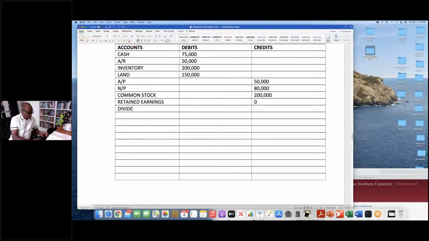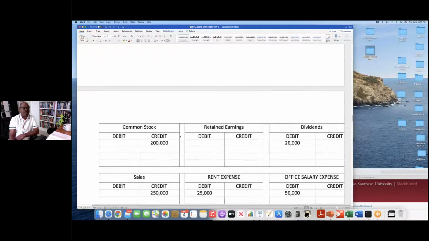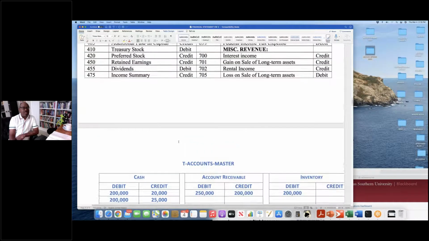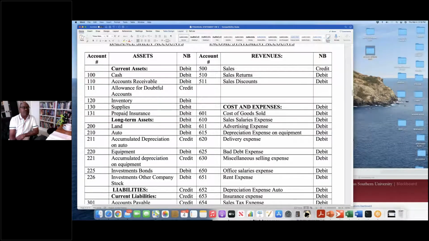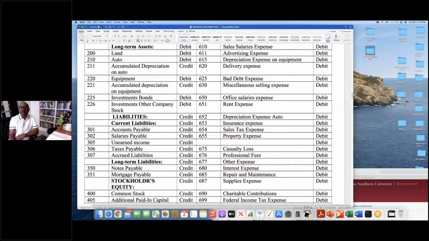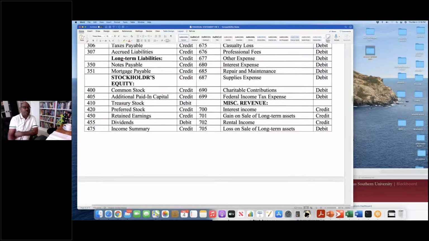I have a question, Professor. How do you know what order they're going in again? This is the order. I always go back to the account sheet, and whatever order they're in on there is the order they'll be in. Same order.